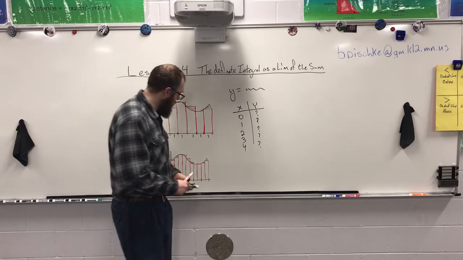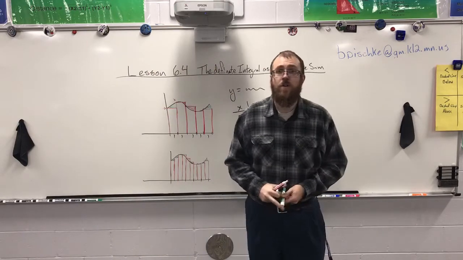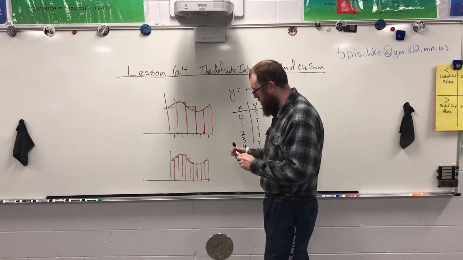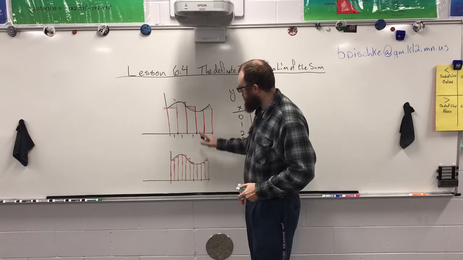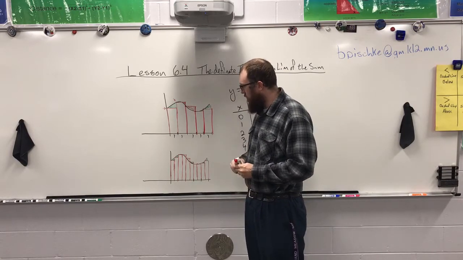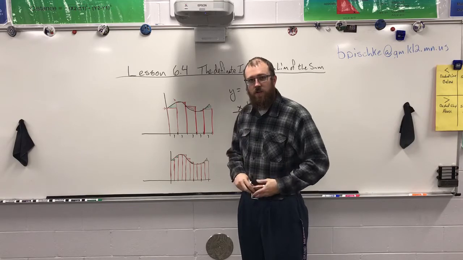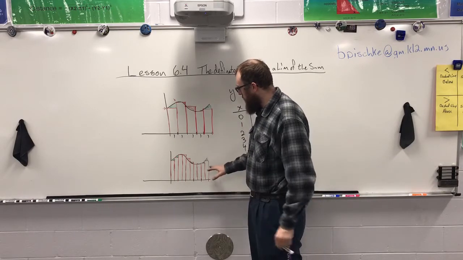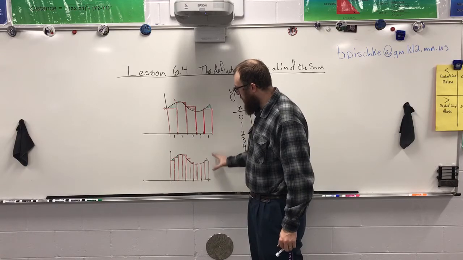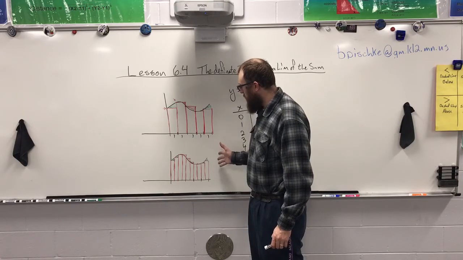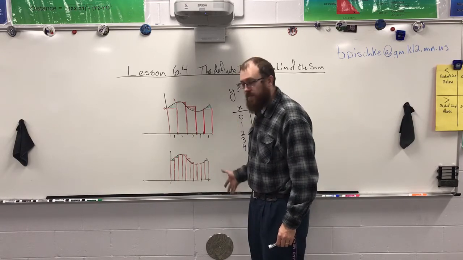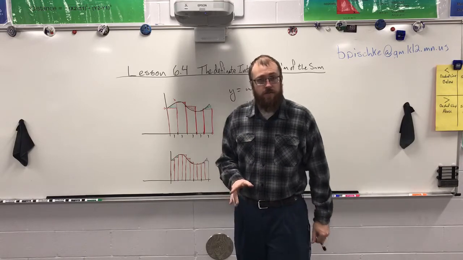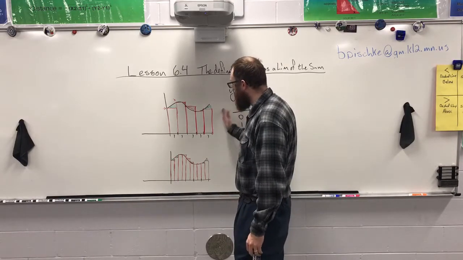So what you see is my little red zones and my little green zones, compared to my little red zones and little green zones up here, are significantly smaller. So this new application of area has become a much better estimate of the area under the curve than my original.